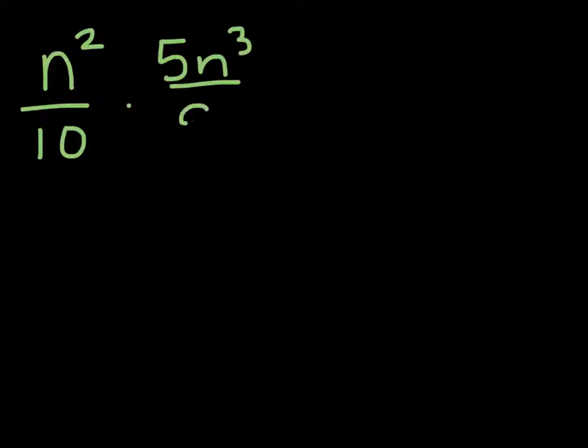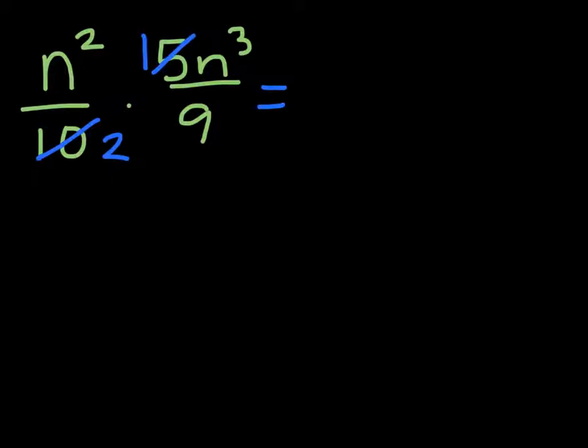This problem is n squared over 10 times 5n cubed over 9. Let's begin by cross-reducing, just to make our work a little bit more simple. We can cross-reduce 5 and 10 to have 1 and 2.